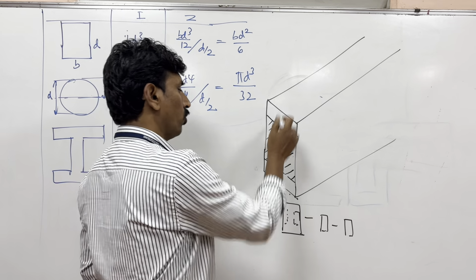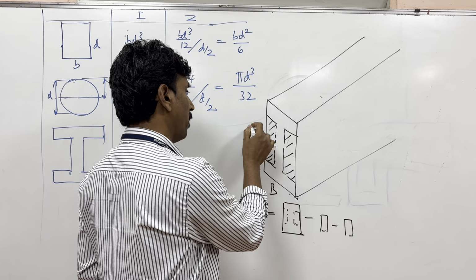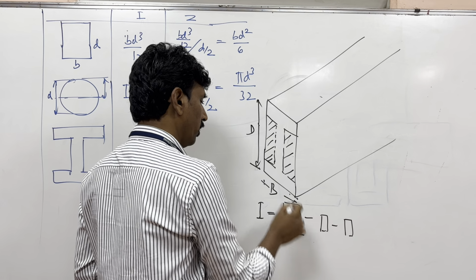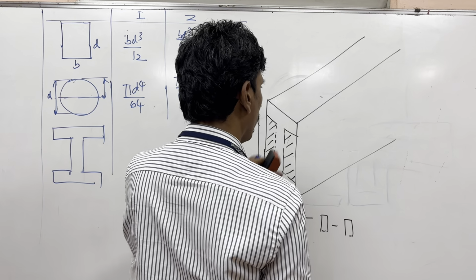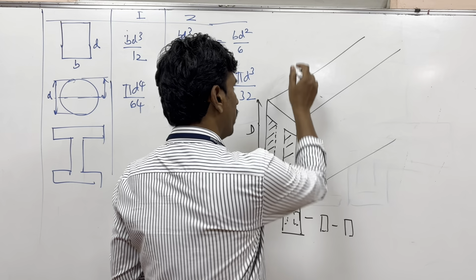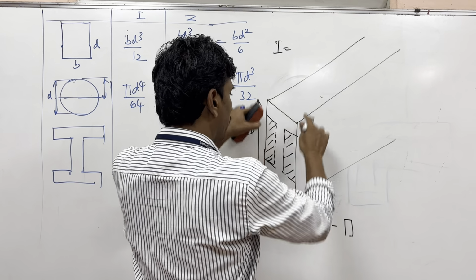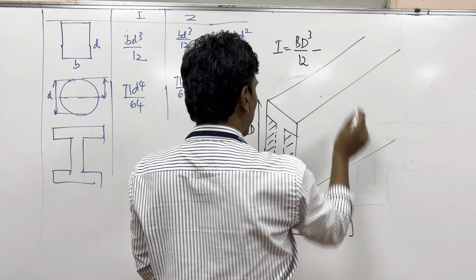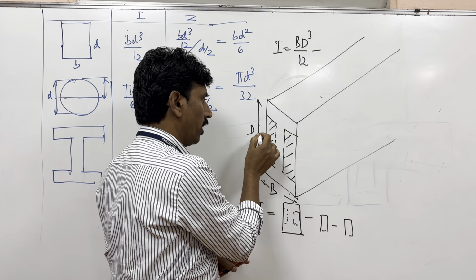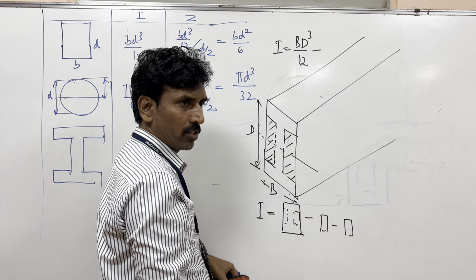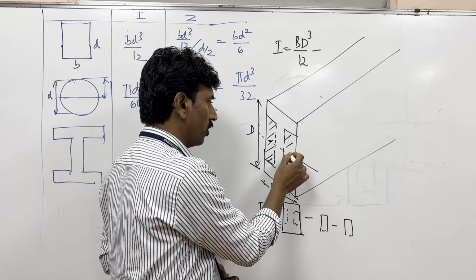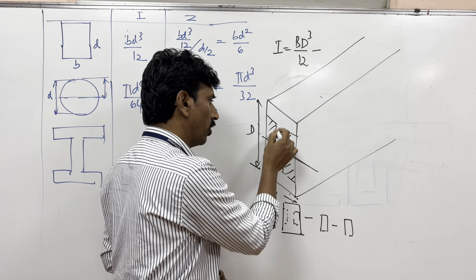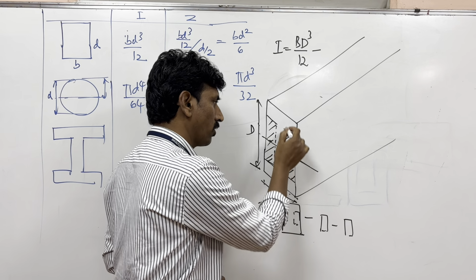So suppose you call this capital B and this capital D, and this small b and small d, then the moment of inertia of this I section is equal to the bigger rectangle's moment of inertia minus the smaller ones. The reason I can subtract is that the centroid of the bigger rectangle is along the neutral axis, and the centroid of the smaller rectangles is also along the neutral axis.